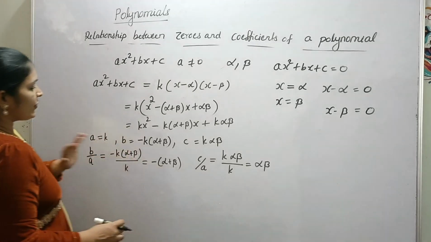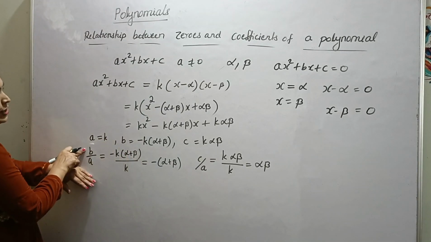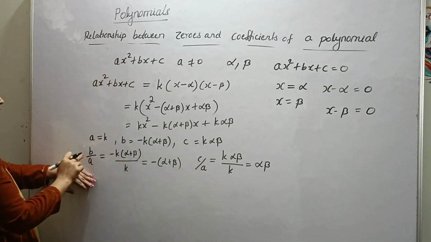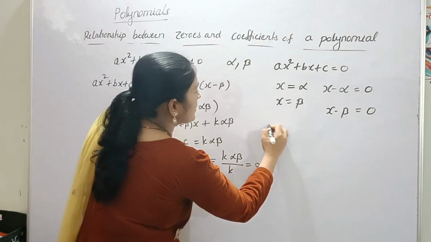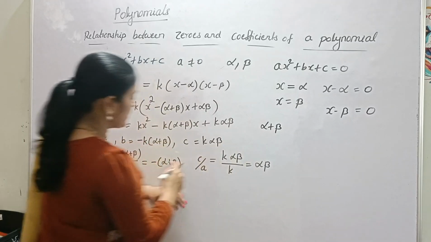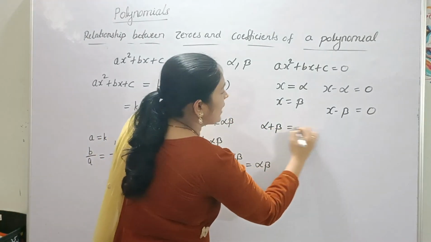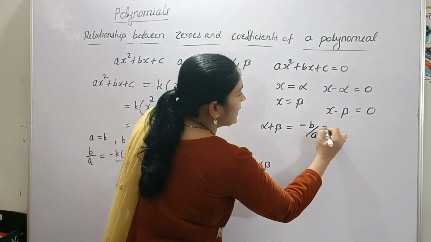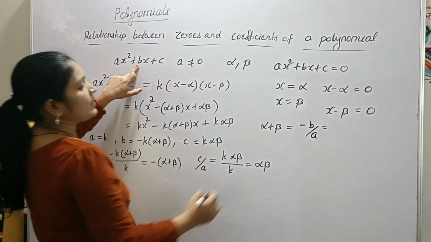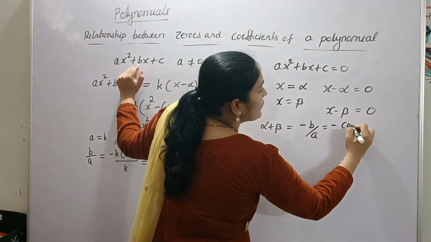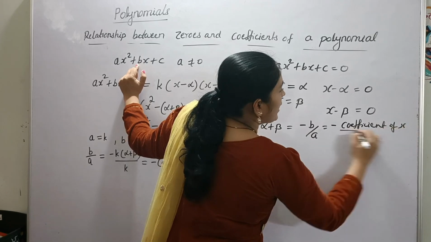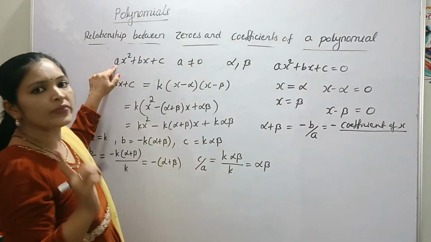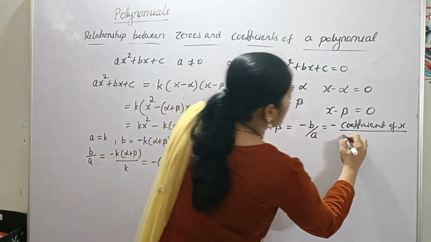We can write alpha plus beta, taking this minus here, as minus b by a. That is minus of coefficient of x divided by a, which is nothing but coefficient of x square.